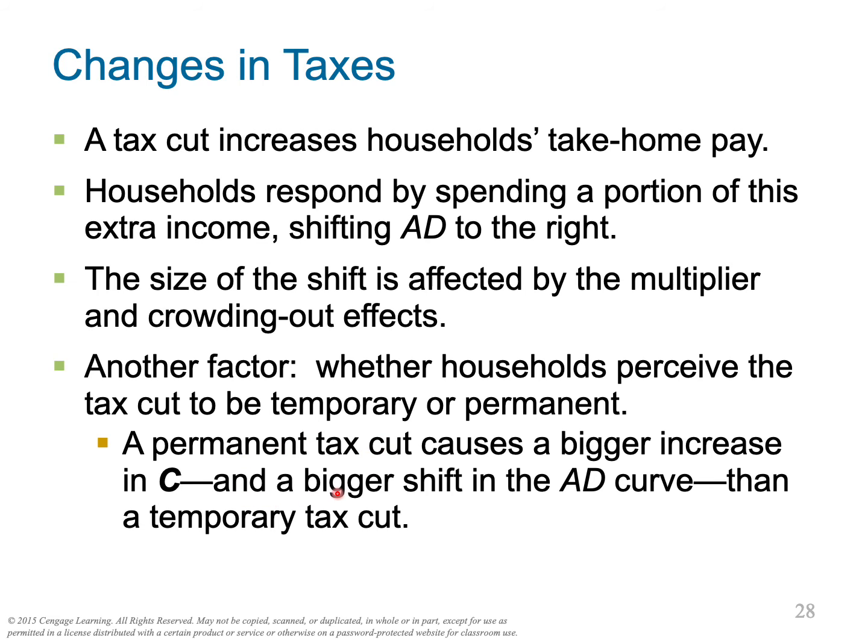It's a permanent tax cut. And so a bigger increase in consumption will lead to a bigger shift in the aggregate demand curve. And those shifts will be bigger than a temporary tax cut, because if people believe it's temporary, they might actually just save that money so that they can pay taxes in the future when they're higher again.